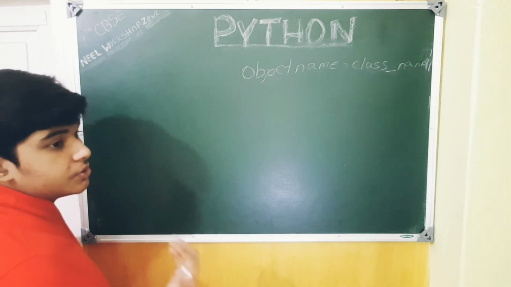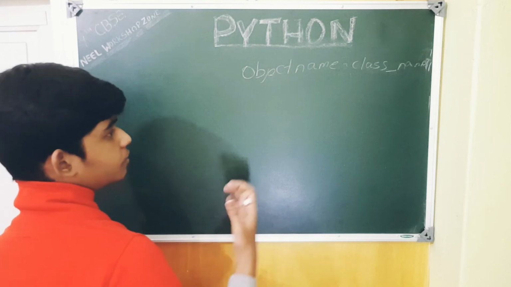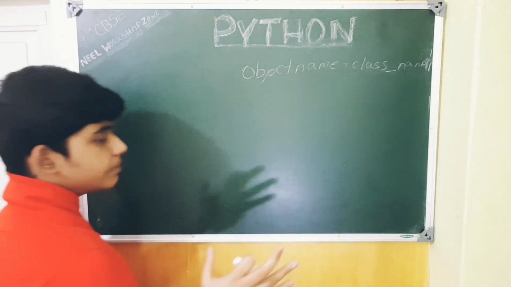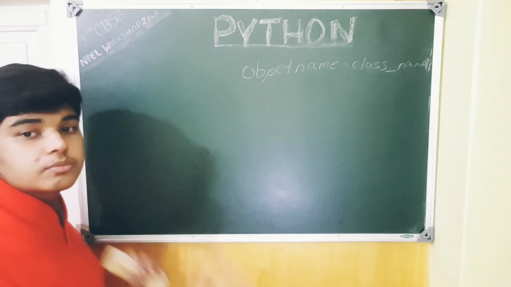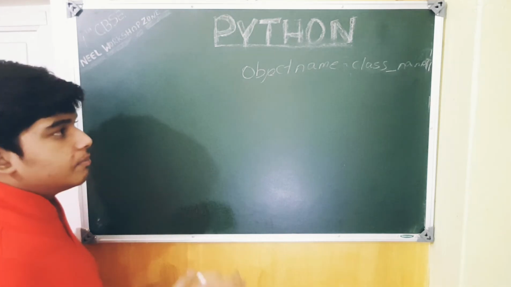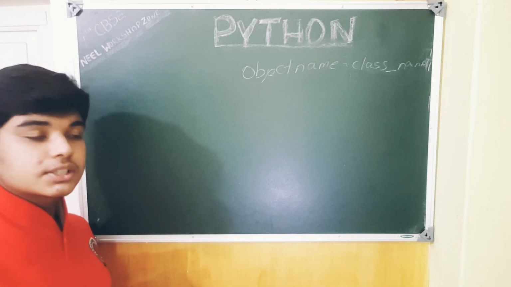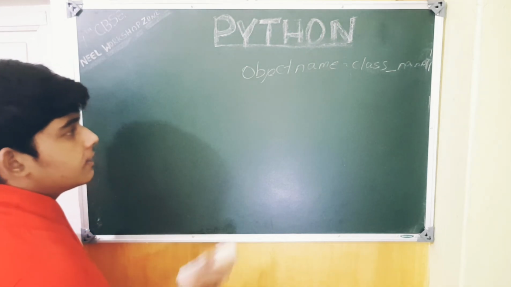That is how you create an object and call a class. This is the basic knowledge of classes and objects. There are still a lot more things we can talk about, but for now we're covering the introduction to classes and objects.